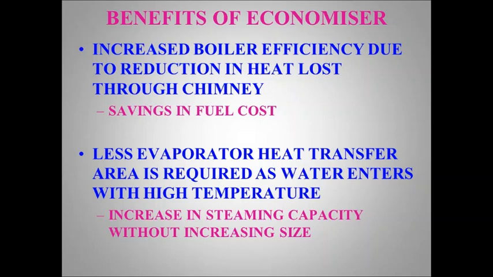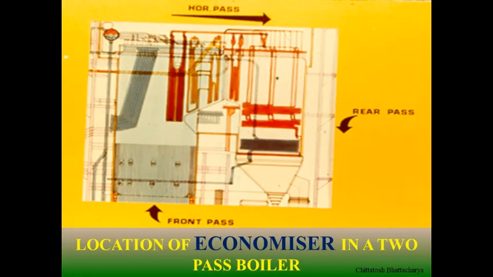And besides that, as the water we are receiving at the outlet of the economizer is hotter, the heat requirement to convert it to steam is less. So steaming capacity is also getting improved. In modern boilers we are getting more steam with less fuel.